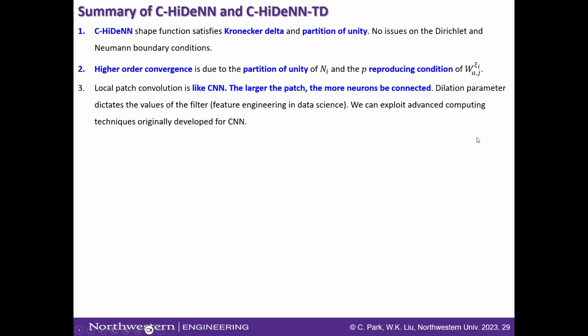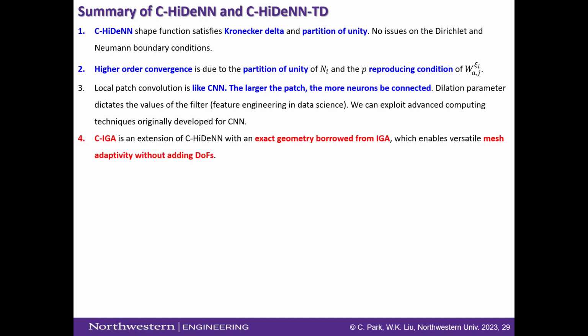All right, here's a summary of my talk. The first part of my talk was on the convolution HiDeNN. Convolution HiDeNN satisfies the Kronecker delta and the partition of unity, and gives higher convergence without increasing the degrees of freedom. Convolution IGA is an extension of C-HiDeNN, but can achieve exact geometry borrowed from IGA.